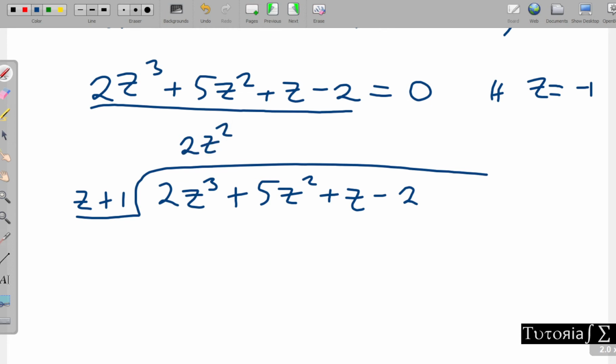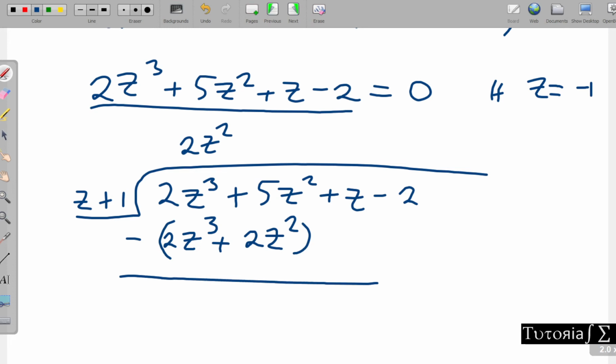Then you multiply this by everything here, which gives 2z cubed plus 2z squared. Then you subtract everything here. Then you say this minus this.